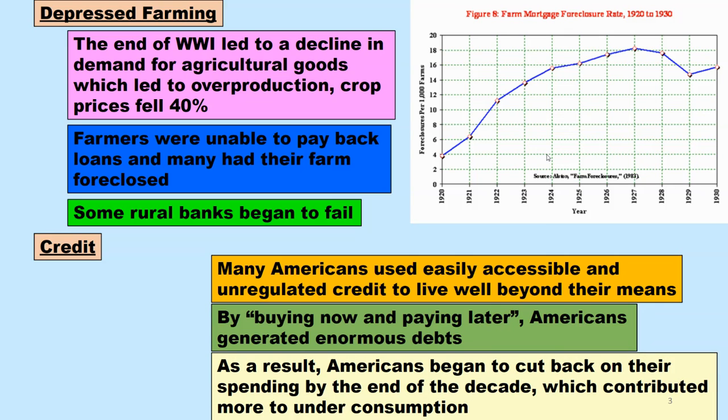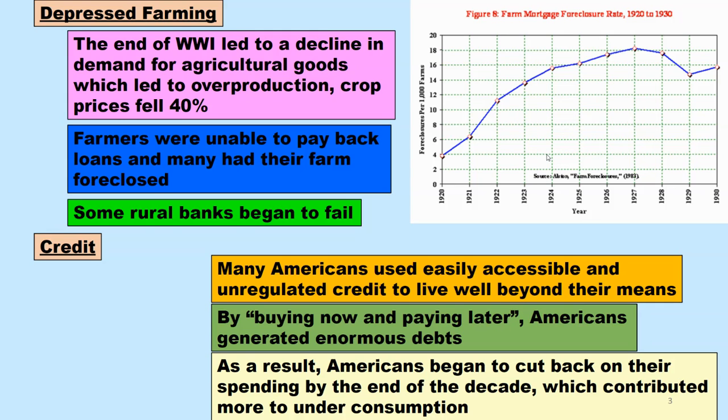Okay. And so as a result of this, once Americans started to learn, because oftentimes we have to go through a problem before we learn from our mistakes. In the 1920s, a lot of Americans began to learn about credit. And so, because of the high debt and credit bills that they're having to deal with, they are cutting back on their spending by the end of the decade.